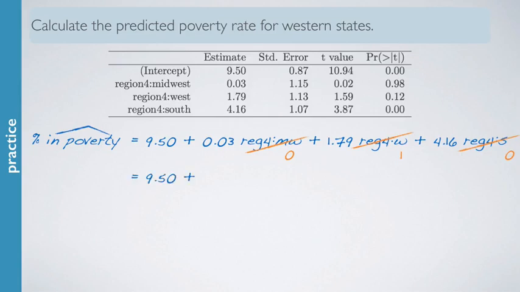This is going to be 9.50 plus 0 plus 1.79 plus 0. The 1.79 is simply the multiplier for the west level times 1, and the other zeros are because we've plugged in zeros for the other levels. This comes out to be 11.29%. So we can say that the model predicts that the poverty rate for Western states is 11.29% on average.